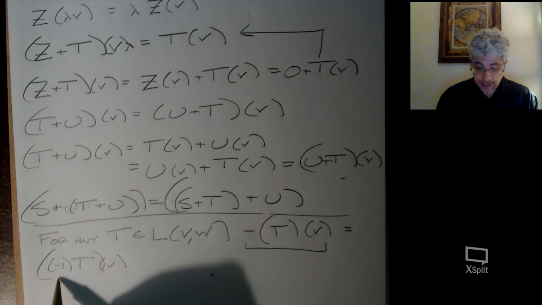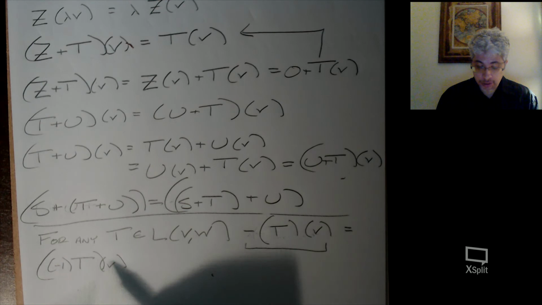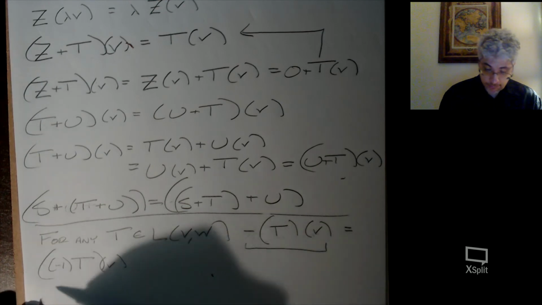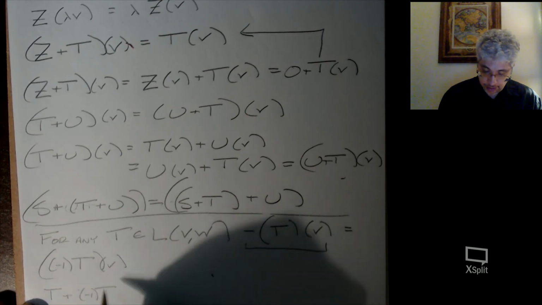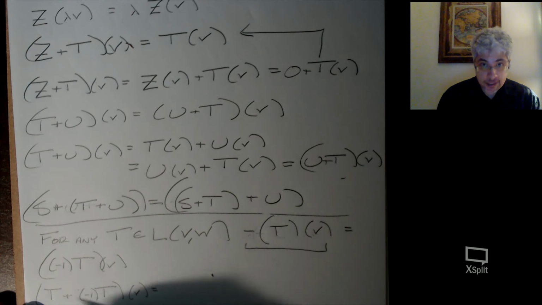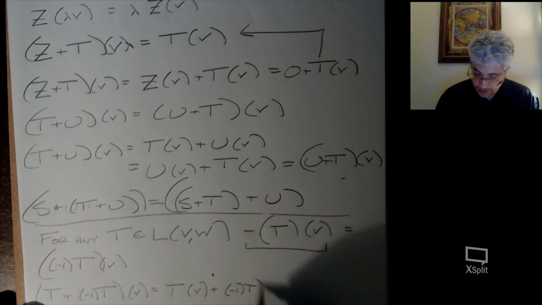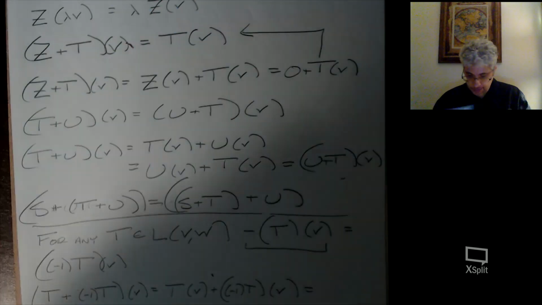We can always take lambda T for any T. It's going to be the map minus 1 times T of V. And to show that, T plus minus 1 T of V is equal to what? Well, by the definition of the sums of maps, let's split this up: T of V plus minus 1 T of V. So what's that going to be equal to?